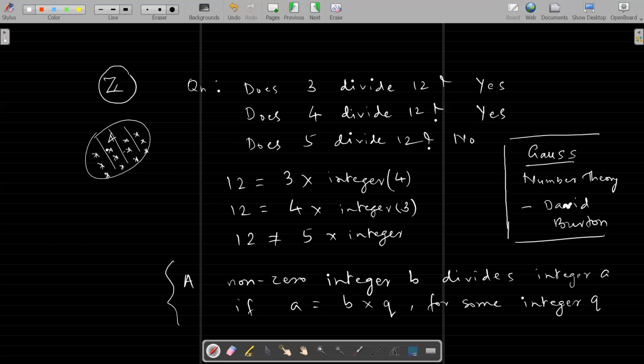Shall I go ahead? So I'll say a very convenient notation.